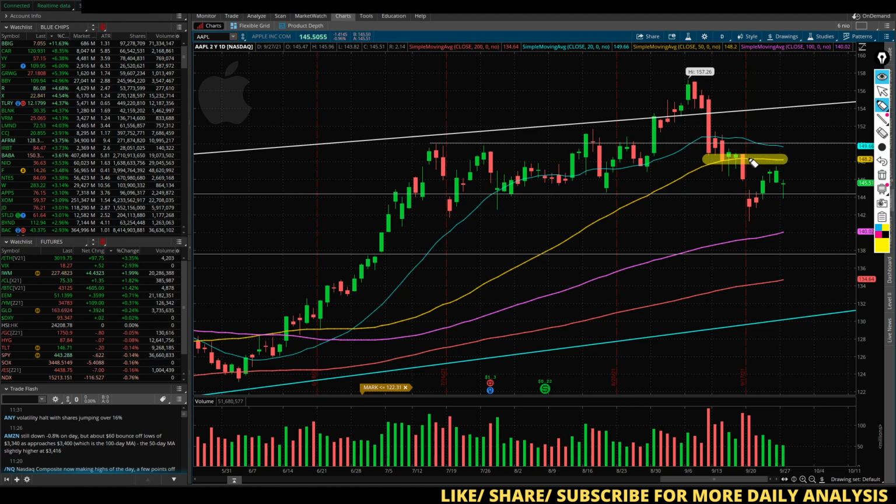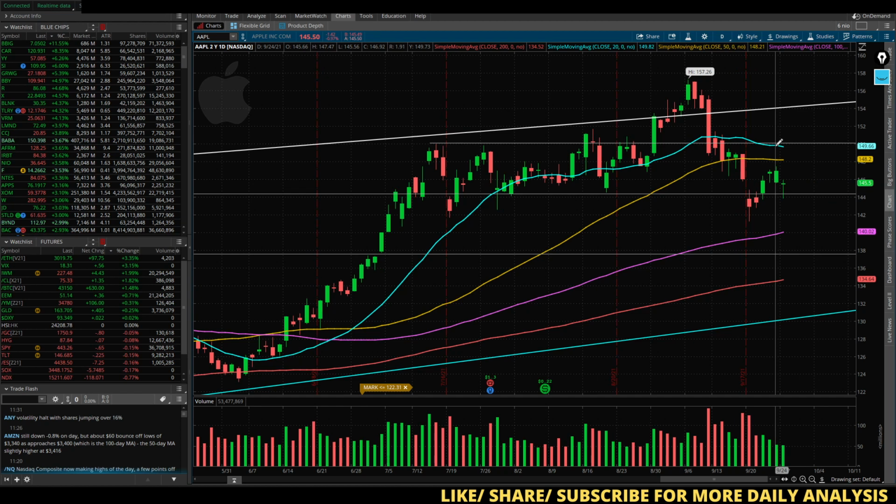Look at this 50-day moving average. It's doing nothing. It's curling. It's moving sideways. That means that momentum has slowed because the stock dropped decently. And if it doesn't quickly bounce back above this level, we might see this moving average curl down and momentum stay to the downside at the moment.